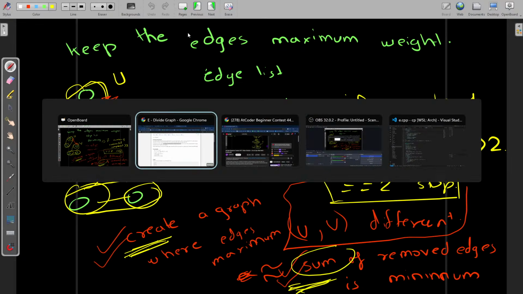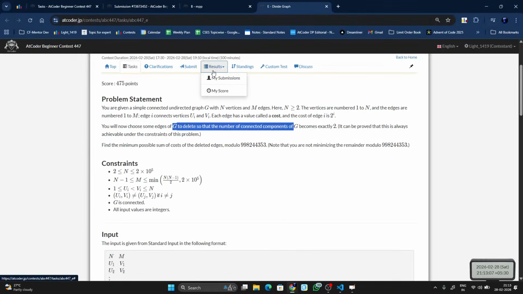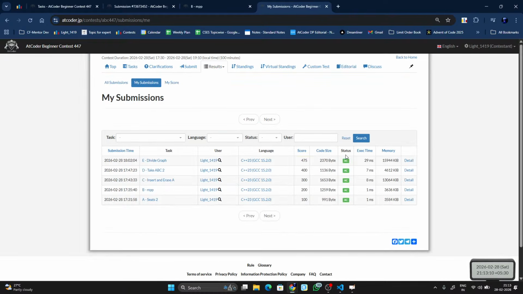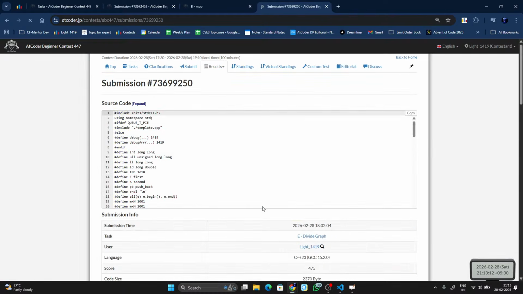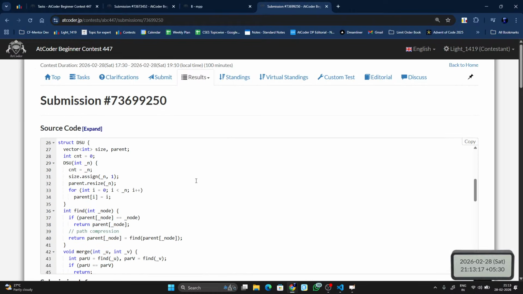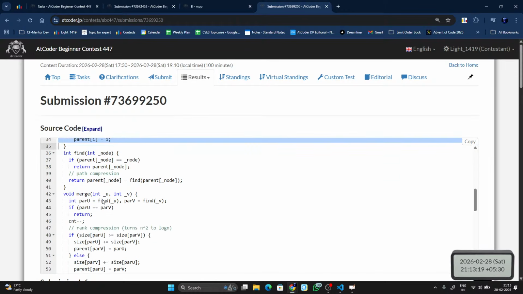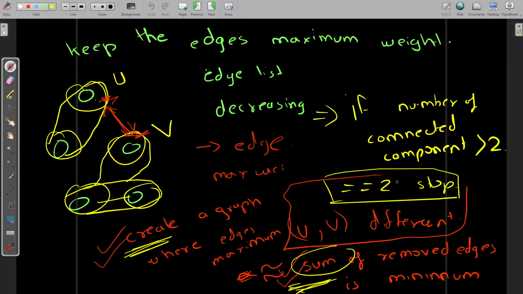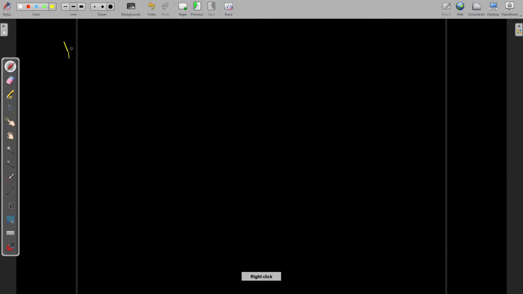Let's take a look at the code once. So this is the code for efficiently finding whether two nodes lie in the same connected component or not. We need a data structure called DSU. If you ever tried to find an MST, you might know about DSU, right?